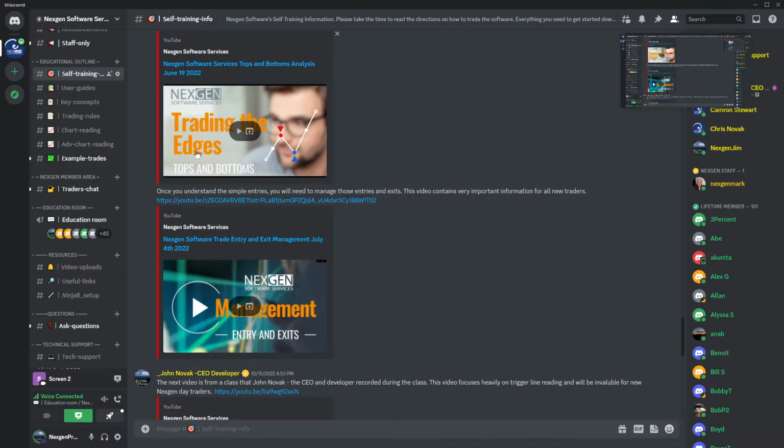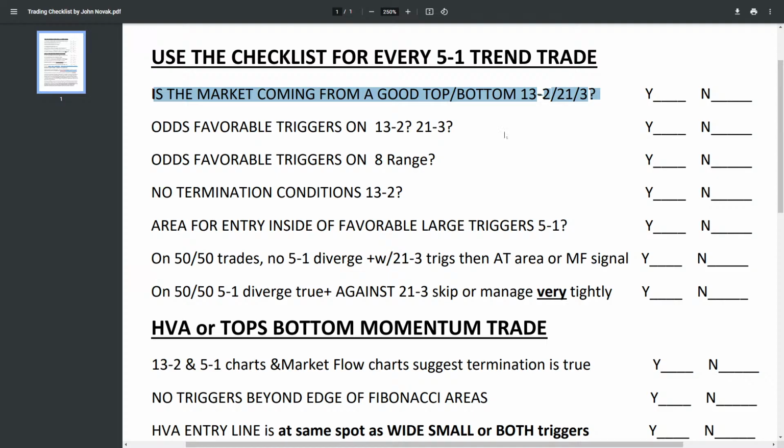Is it a good top or a good bottom? Because I assume when you write a rule out like this, that you know what that means, and that you have experience with it.